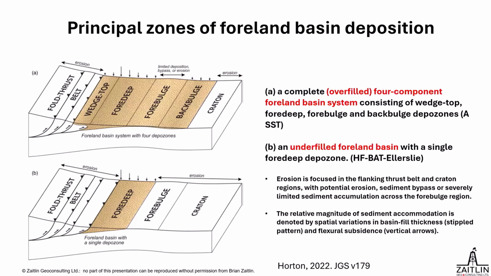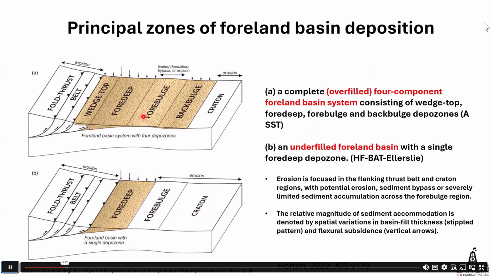One of them is the underfilled foreland basin system, where we only have the foredeep, then we have a drainage divide, or the forebulge, and then we have the craton located in through here. In an overfilled foreland basin, we have an additional unit called the wedge top that occurs in this position here, and we may or may not have deposition on the forebulge, and we have another low area here before we get to the craton called the back bulge area.